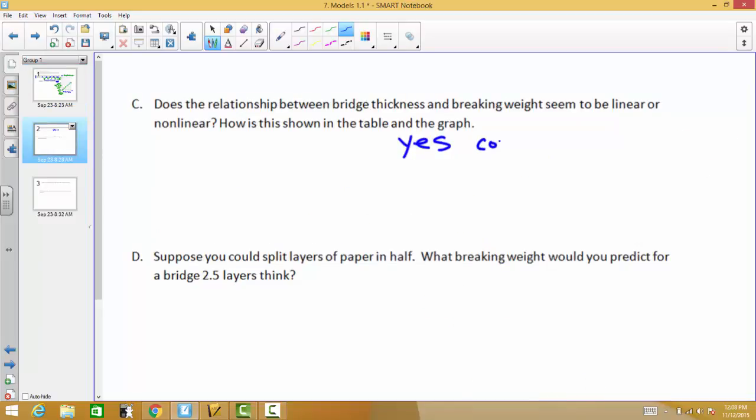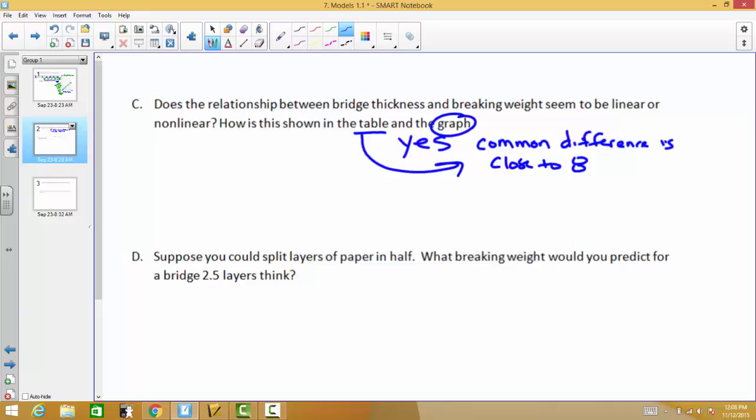I'm going to put my common difference is close to 8. And that's in the table. And in the graph, it looks like a line. And you can draw a best fit line.